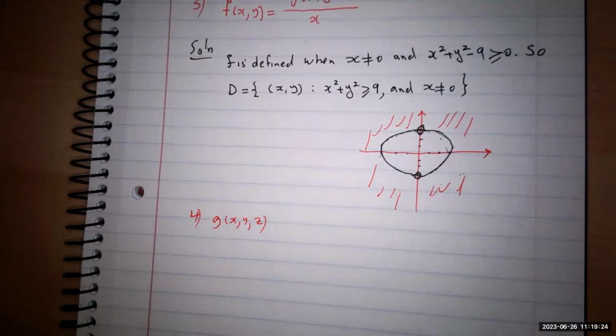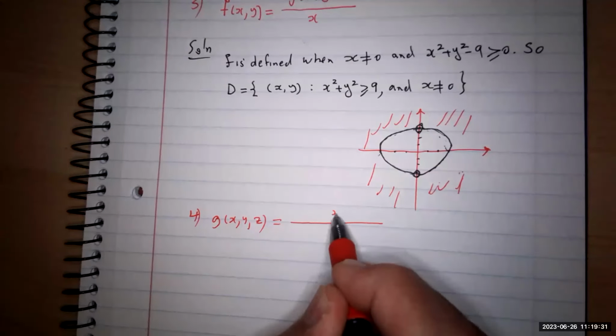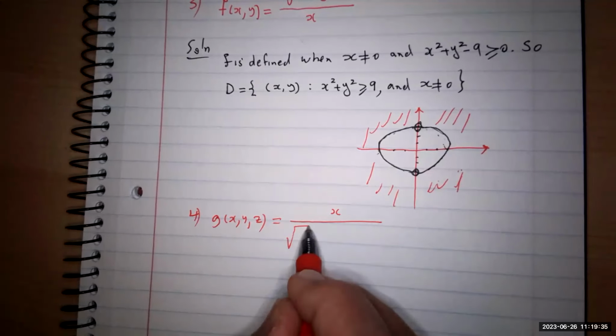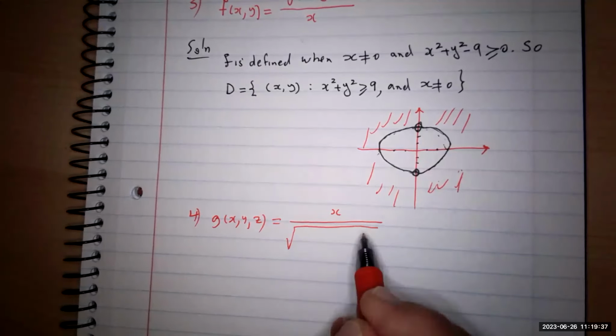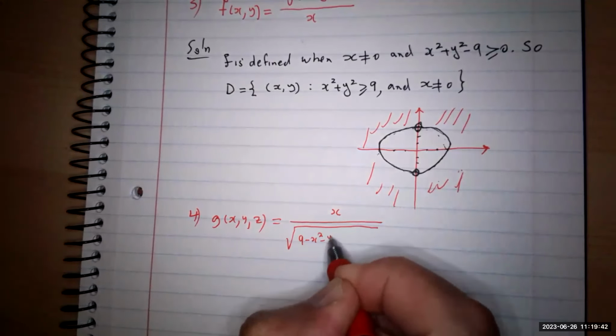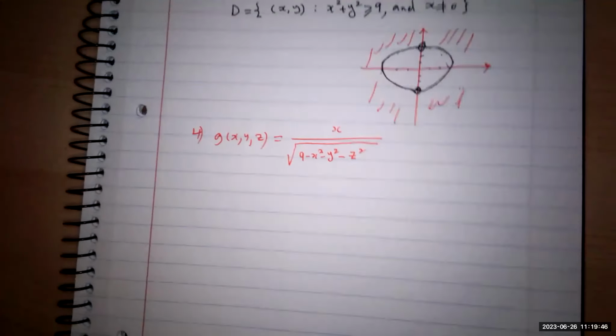Now your domain must be a subset of R3. Again, the popular formats are these, and you have some in your book that you can pick to practice. And you have 9 minus x squared minus y squared minus z squared. So that would be your function.